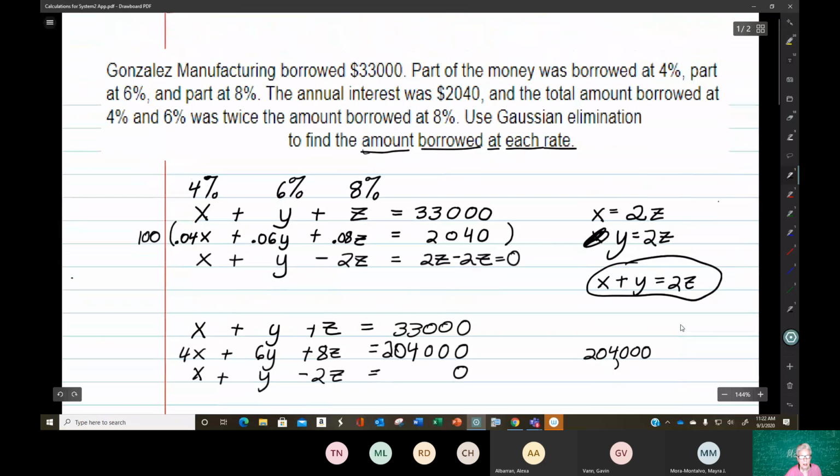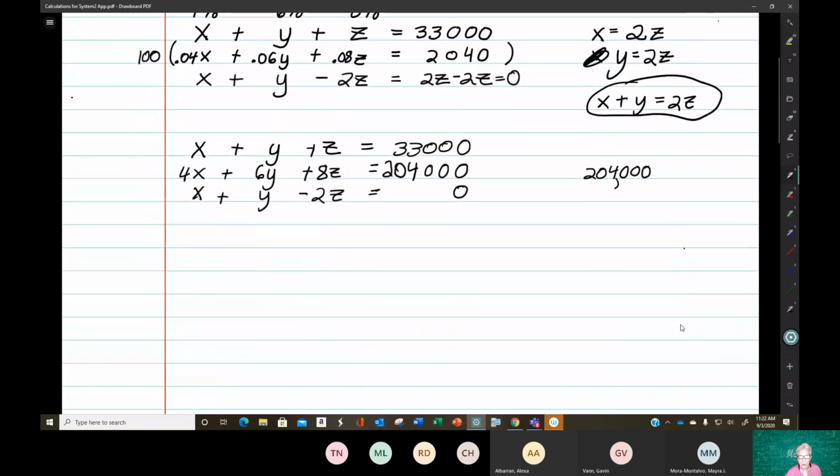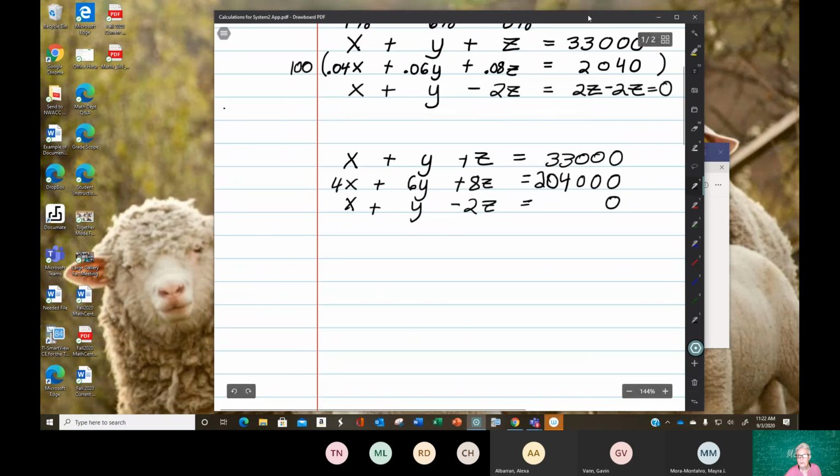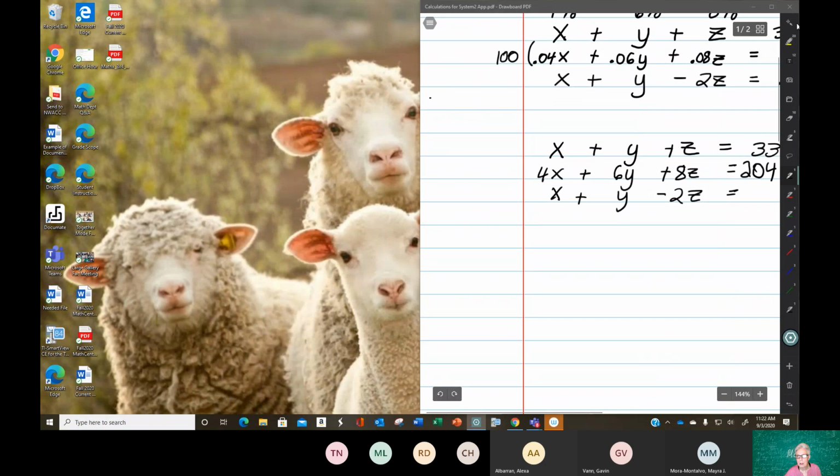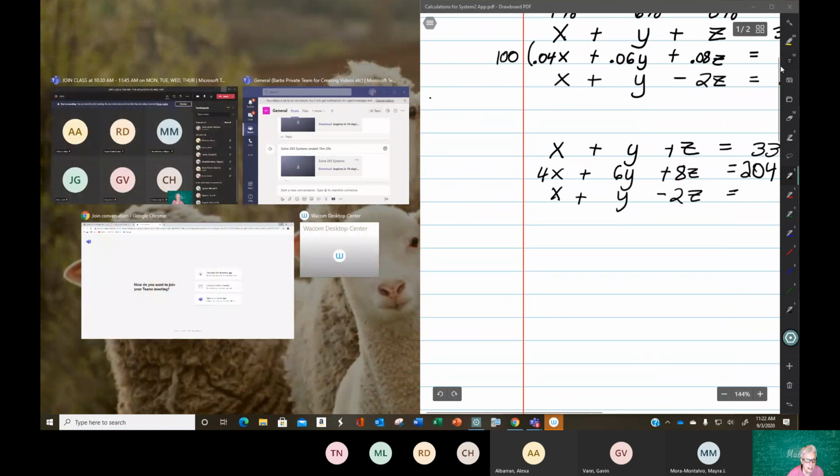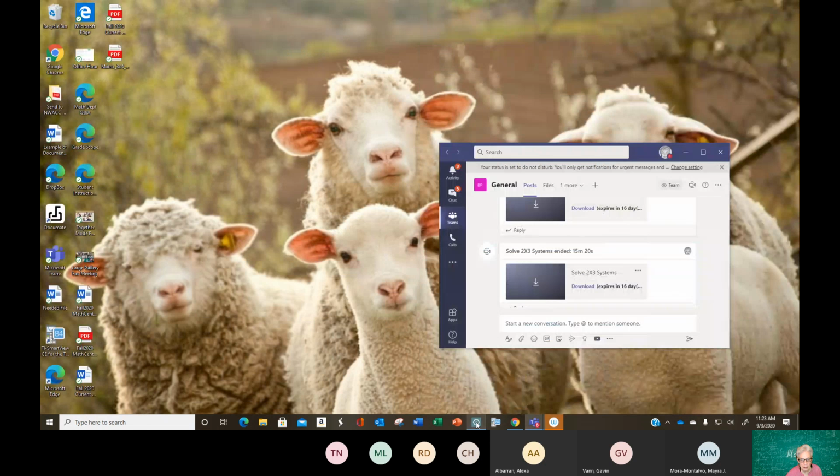And now we are going to go. I'm going to move this over. And then I'm going to, no, what do I need to do? I need this. Ha, messed it up.